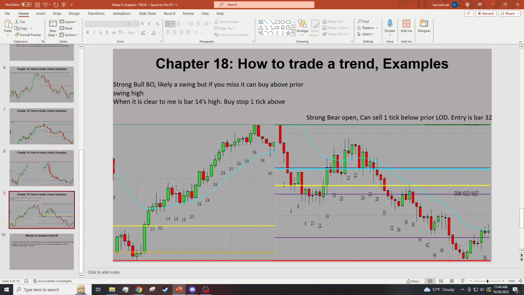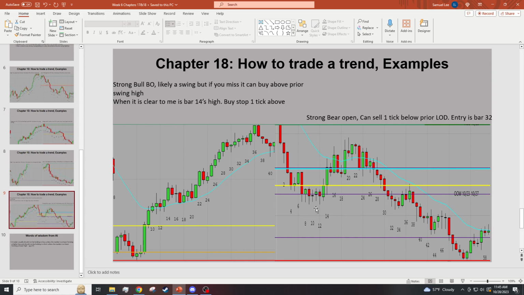So if you miss the high 2 entry on the moving average, and you don't buy the high 1, you can mark the horizontal line, bar 14 highs, and get in with bar 22, because you're buying one tick above bar 14 on a stop order.